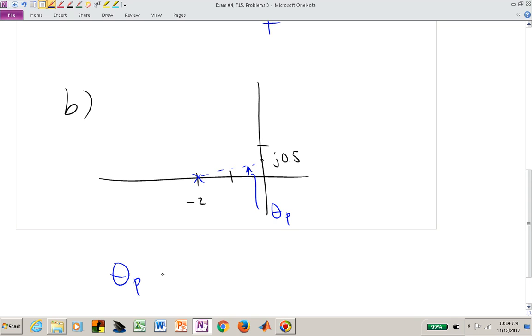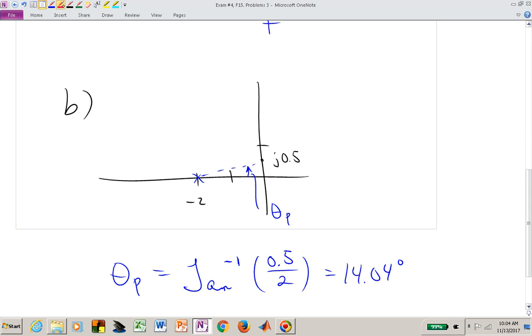This theta sub p is going to be the inverse tangent, where the argument is the vertical distance, 0.5, over the horizontal distance, 2. So if we do the inverse tangent of 0.5 over 2, then we find that this will be 14.04 degrees.